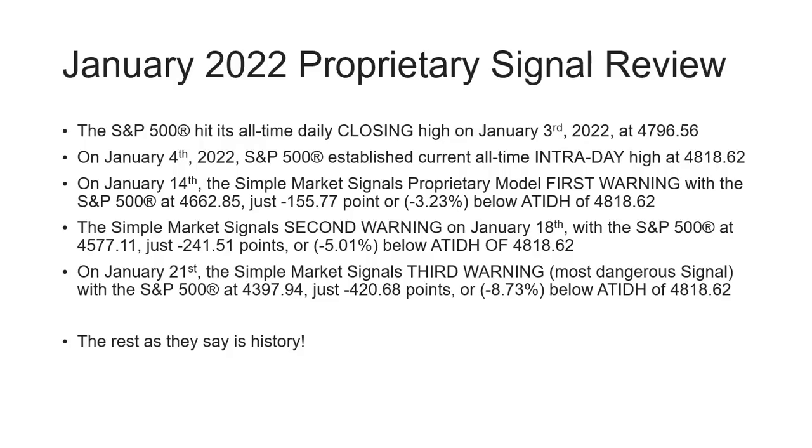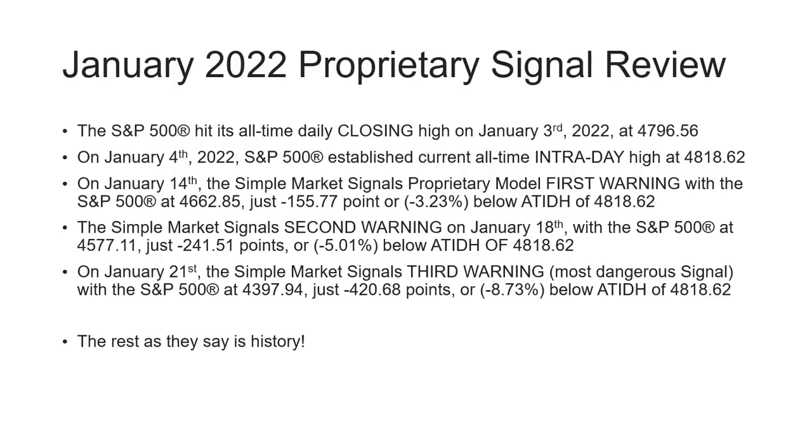We know that from peak to trough, the S&P 500 was down over 27.5% from its all-time intraday high to its low point so far in the downturn, and the S&P 500 finished calendar year 2022 down more than 20%.